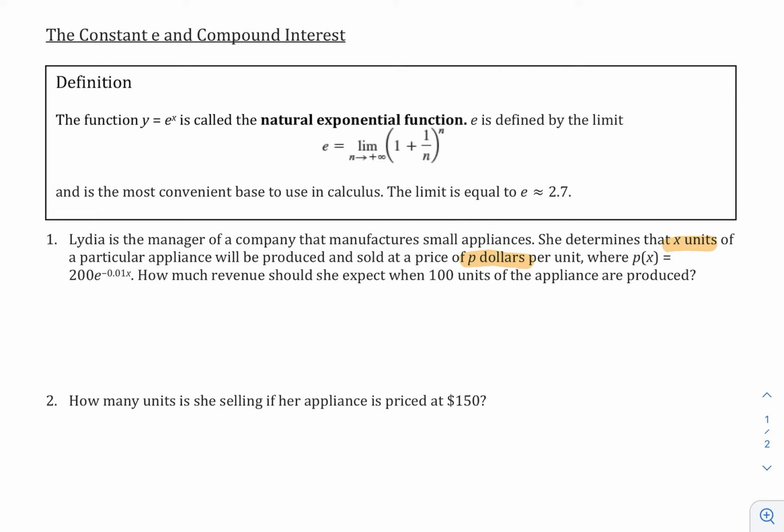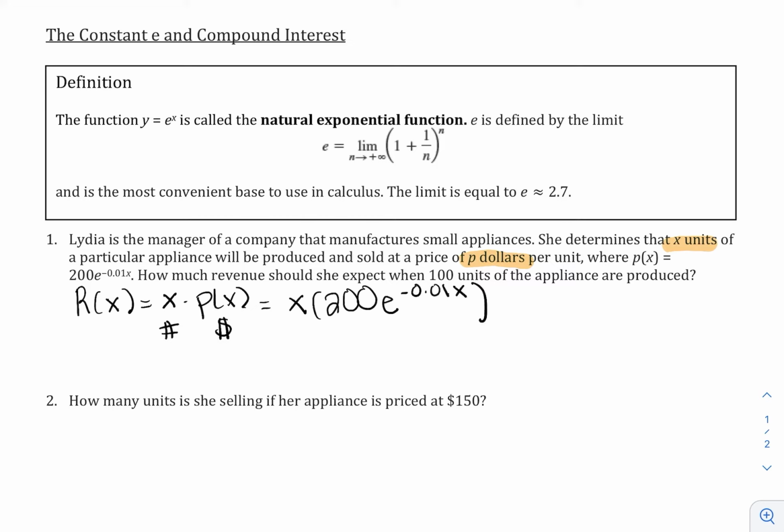How much revenue should she expect when 100 units of the appliance are produced? Okay, so we need to remember from the previous section that revenue is equal to x times p of x, the number of units times the amount you're selling each for. So that's going to be x times 200 e to the negative 0.01x.